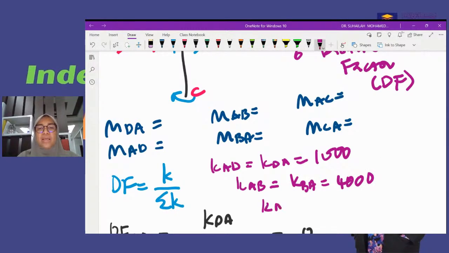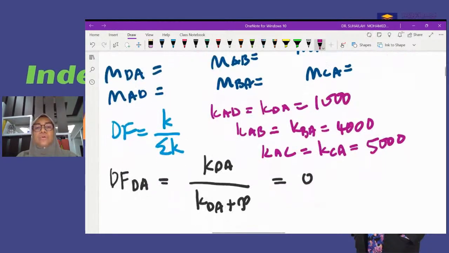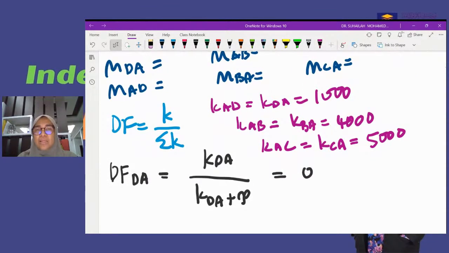And we have KAC, which is also equal to KCA, 5000. It is just a matter of writing, so that it will help us understand later on why we write it like this. So to calculate the DF for DA, because D is a fixed end and for a fixed end we must add infinity, the distribution factor is equivalent to 0.